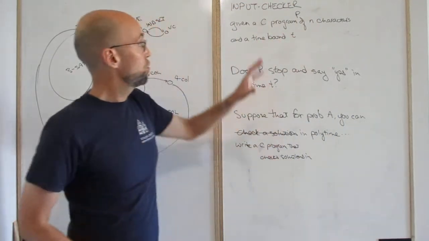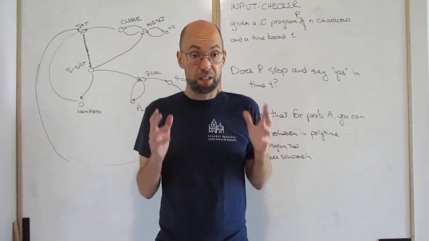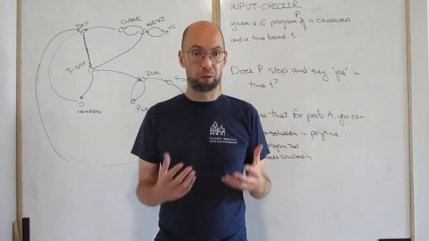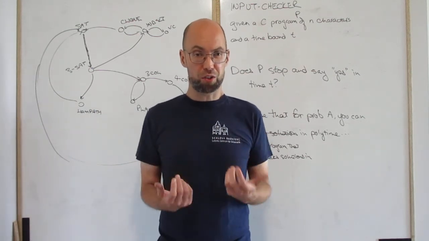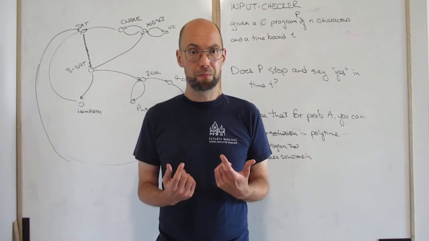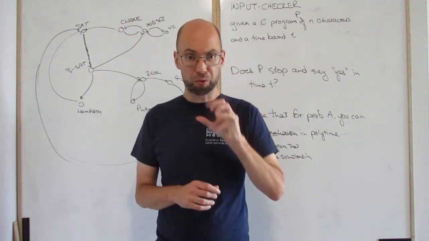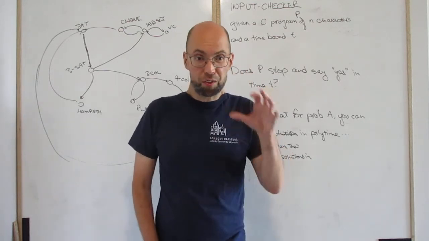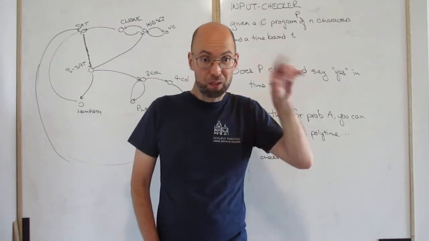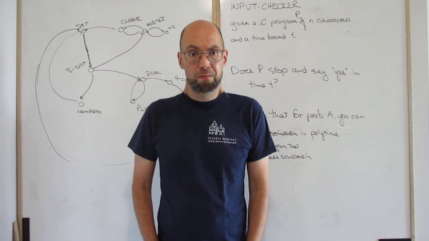Okay. So Cook's theorem: if I told you, believe me, that input checker is a powerful problem. If we could solve input checker in polynomial time, so you give me a program, you give me a time bound, and you say, does this program stop in a given amount of time, in time polynomial in the size of the instance, then I can solve a lot of problems.